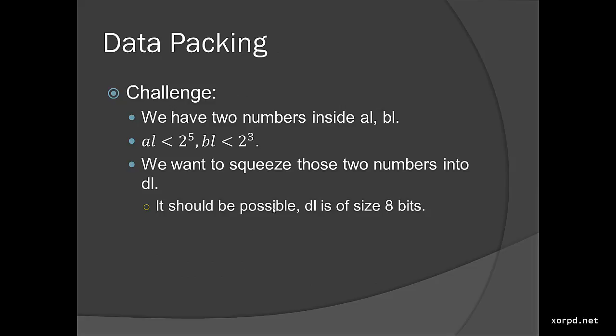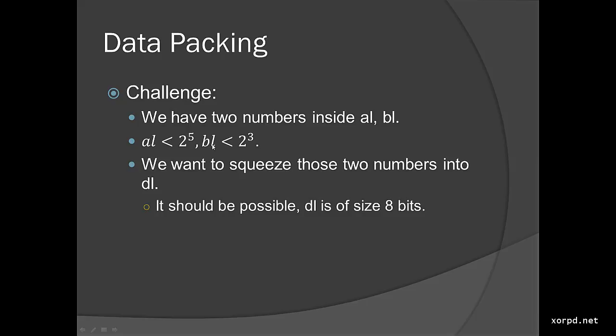Data packing. We are going to deal with this challenge. We have two numbers inside AL and BL. AL and BL are not so large. AL is smaller than 2 to the power of 5 and BL is smaller than 2 to the power of 3. So actually AL is not larger than 5 bits and BL is not larger than 3 bits.